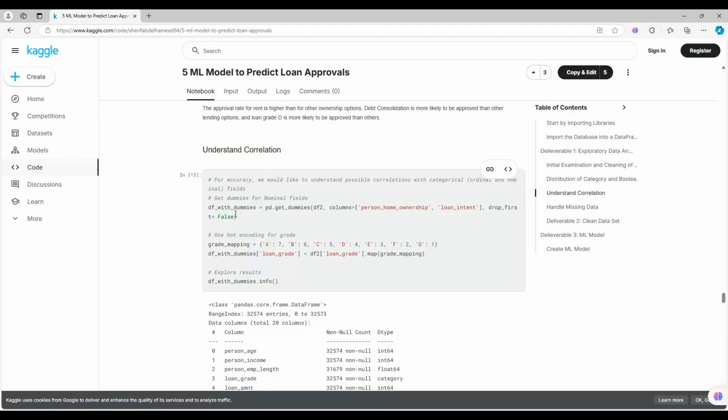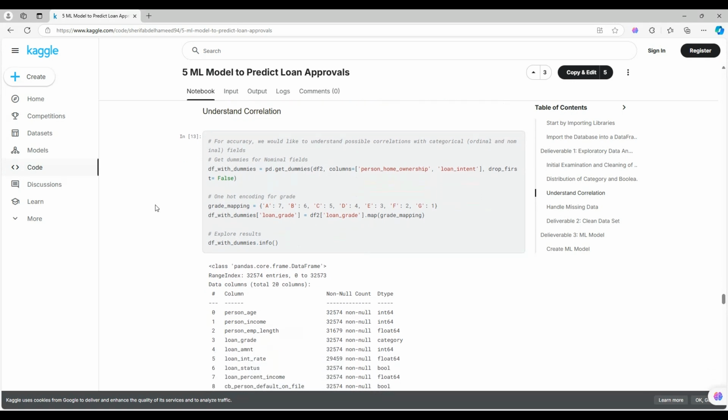Because correlation functions do not really handle categorical data very neatly. So I need to get the dummies, where the values are 0, 1 for each entry, so that I can actually understand the correlations and be able to address the data on that basis.